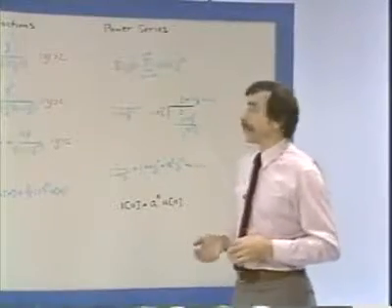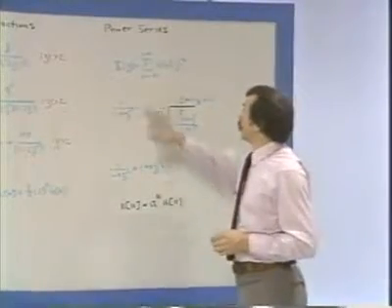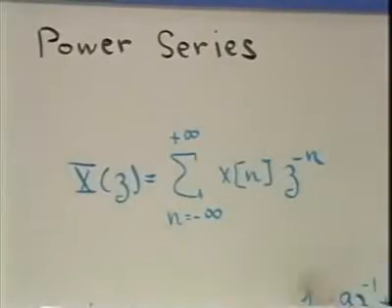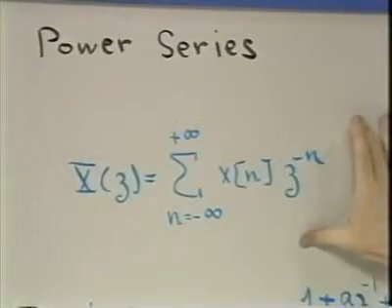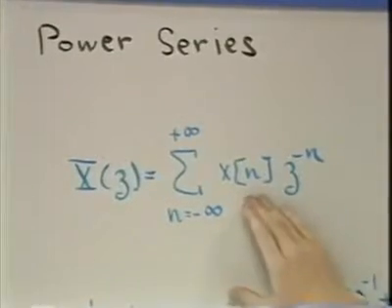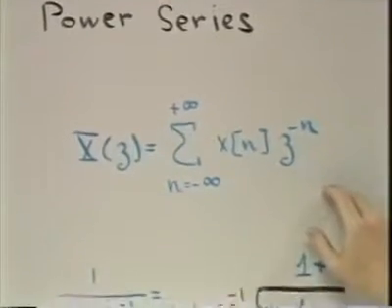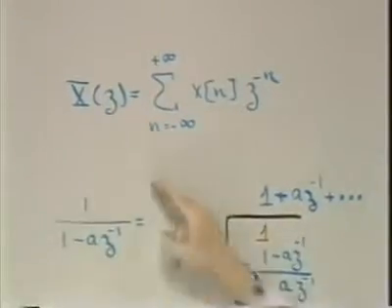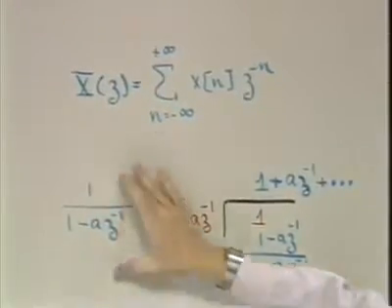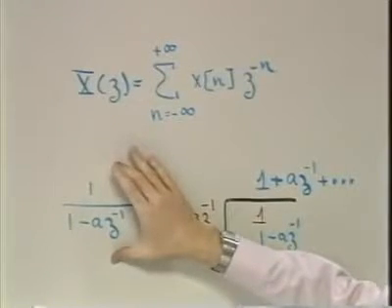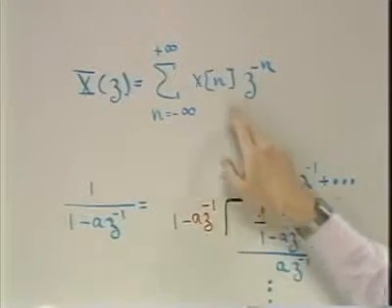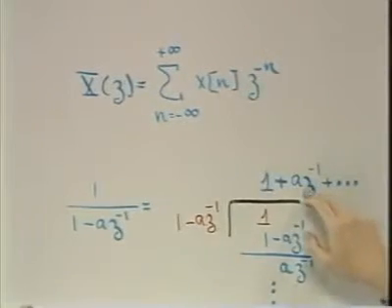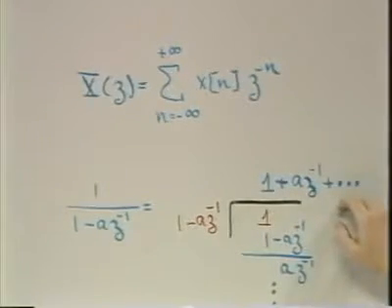There's one other method which I'll just point to, which is also elaborated on a little more in the text, but it's kind of the idea of developing the inverse z transform by recognizing that this z transform formula, in fact, is a power series. So if we take x of z and expand it in a power series, then we can pick off the values of x of n by identifying the individual coefficients in this expansion.